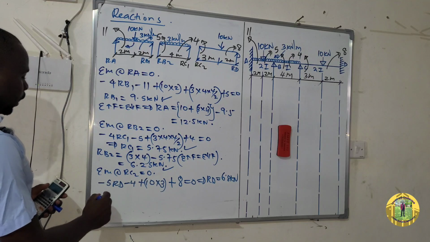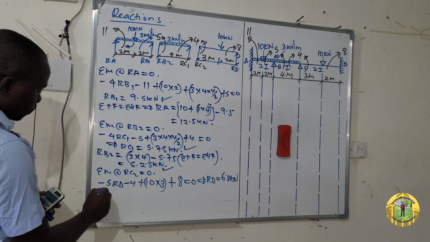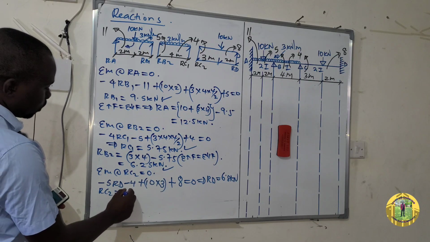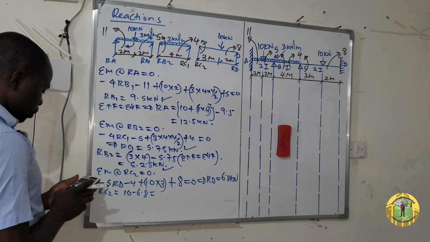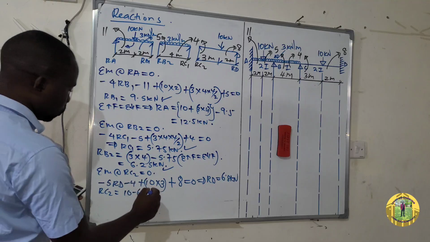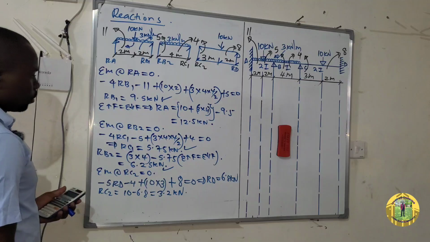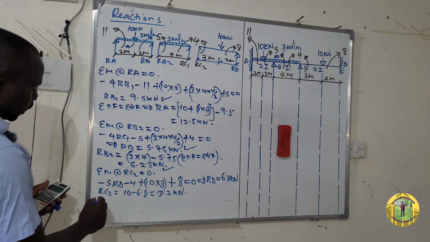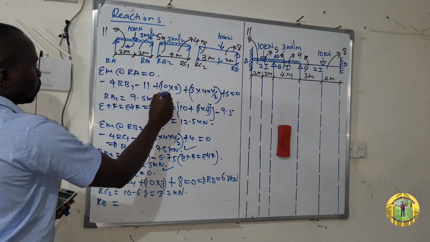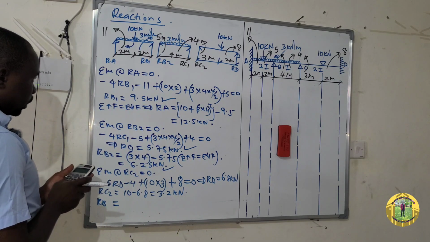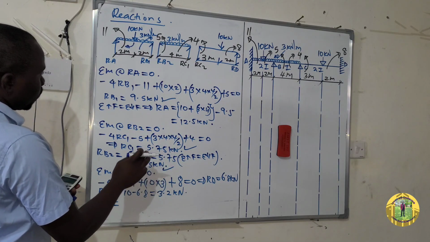Then RC2 will be 10 minus 6.8, which is equal to 3.2 kilonewton. And then we'll come here and say RB is equal to RB1, which is 9.5 plus RB2. Where is RB2?